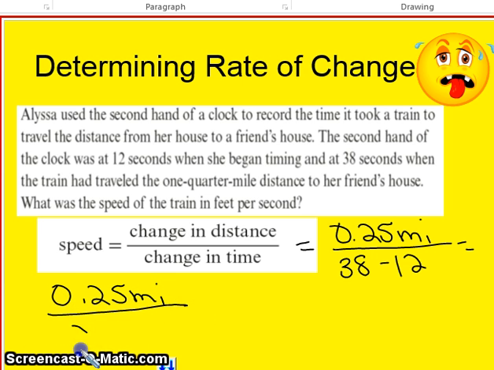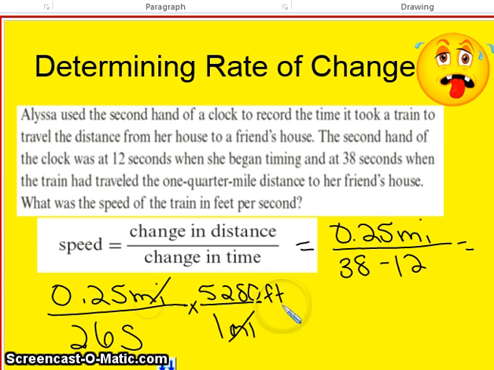in 26 seconds. Now we wanted the speed of the train in feet per second. So now that we have a rate of change, we're actually going to have to convert that to feet. So I'm going to multiply by a conversion factor here, and I know that in 1 mile there are 5,280 feet. So my miles are going to cancel.